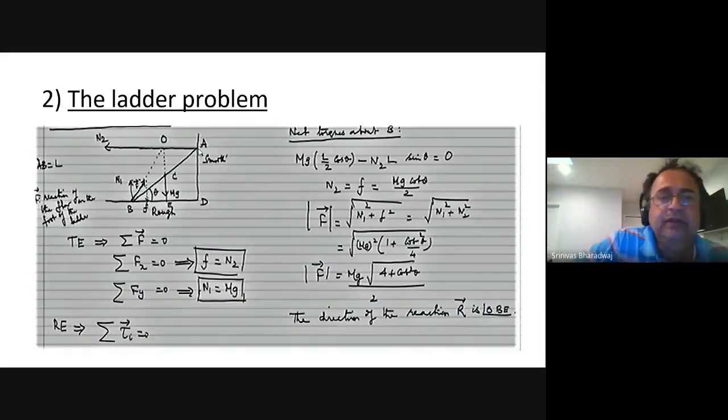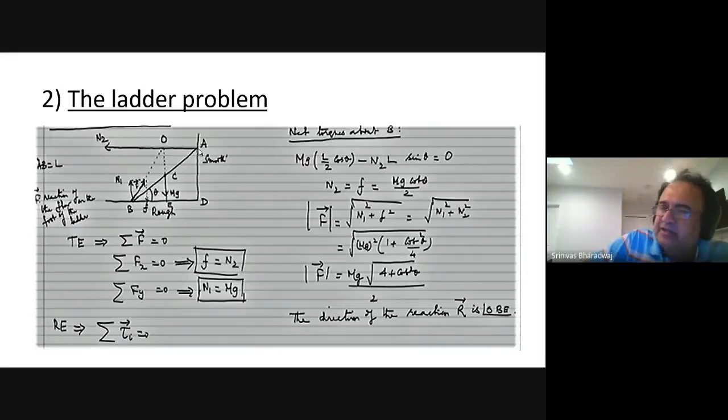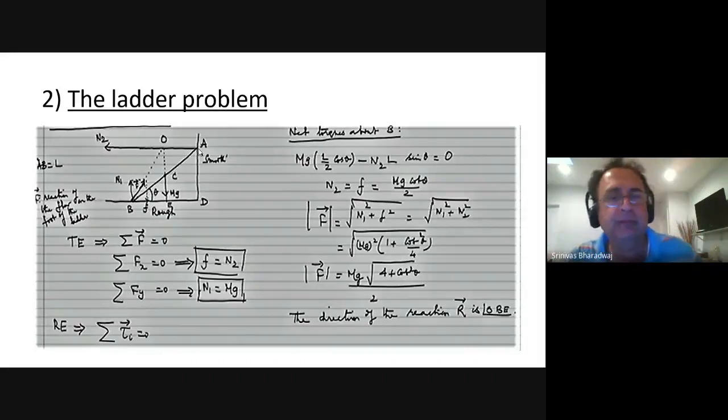So the F1 and F2 along with N1 and N2, you have 4 unknowns and you don't have 4 equations, you have only 3 equations. So they will always ask you when it is just about to slip. Okay, when it's just about to slip either at the bottom or at the top. Okay, so you must understand these questions, they are not that easy because you have to apply both moments and force equations.